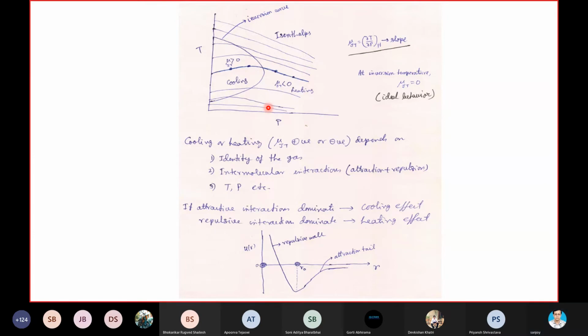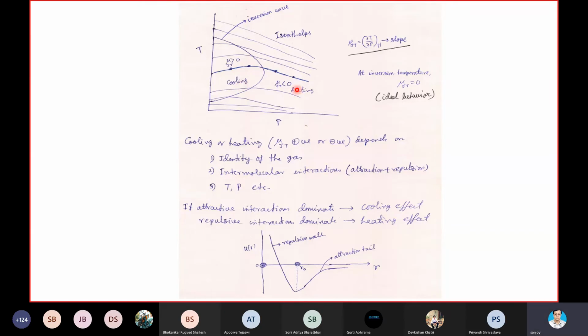Generally there are two inversion temperatures, one at a very high temperature and one at a very low temperature. As I told you, if the temperature is above the upper inversion temperature, there is a heating effect, and when it drops below the upper inversion temperature, there is a cooling effect.